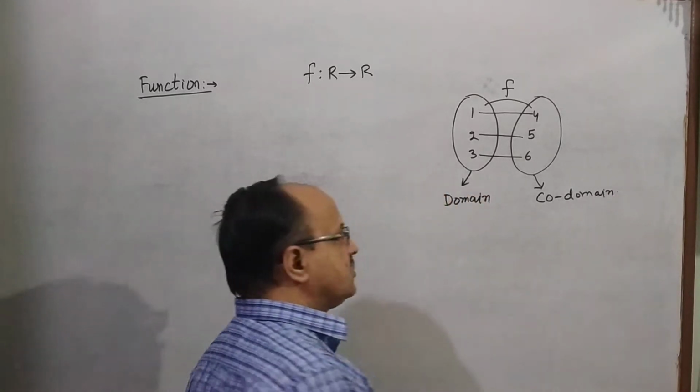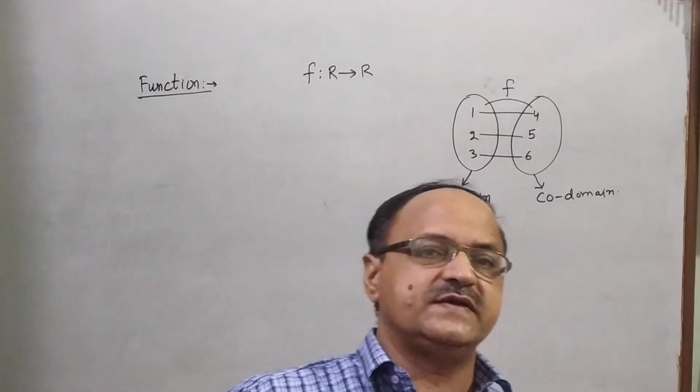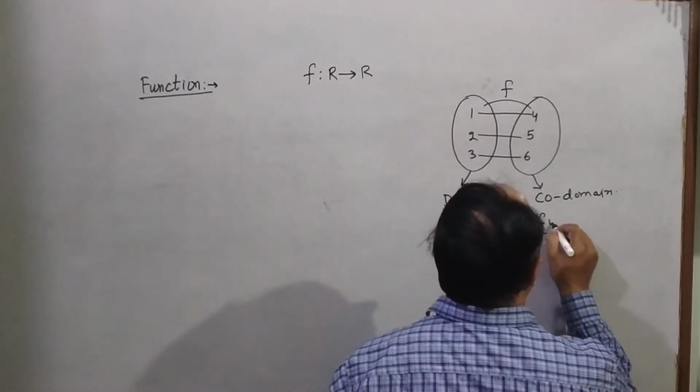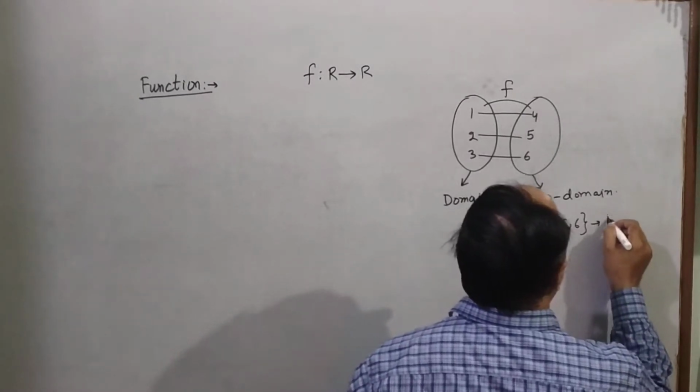The elements 4, 5, 6 are called the range.